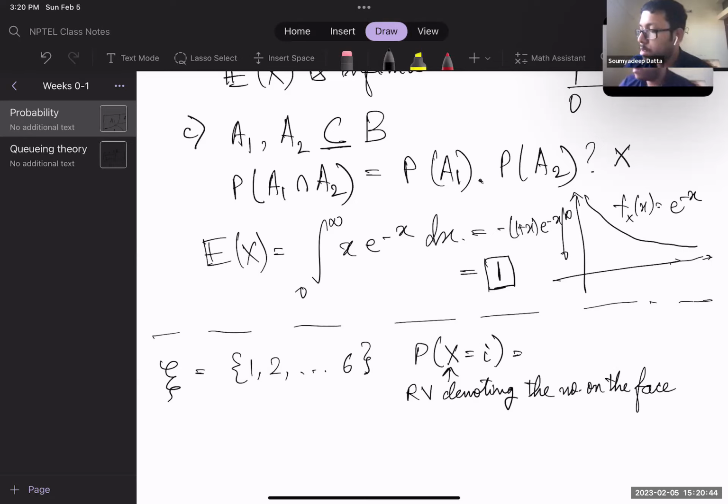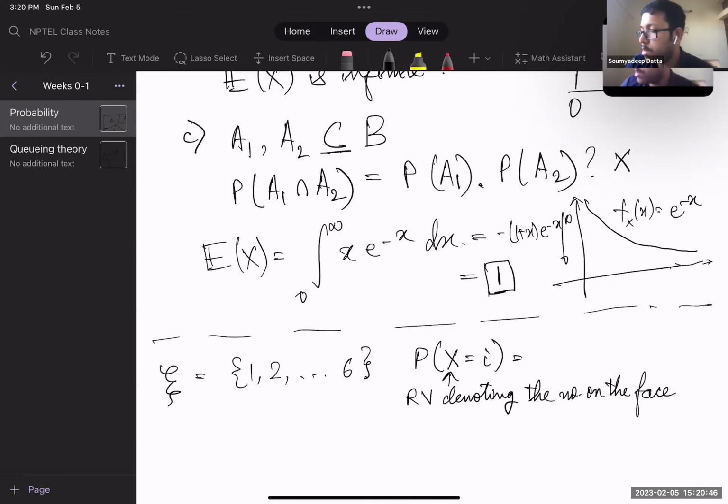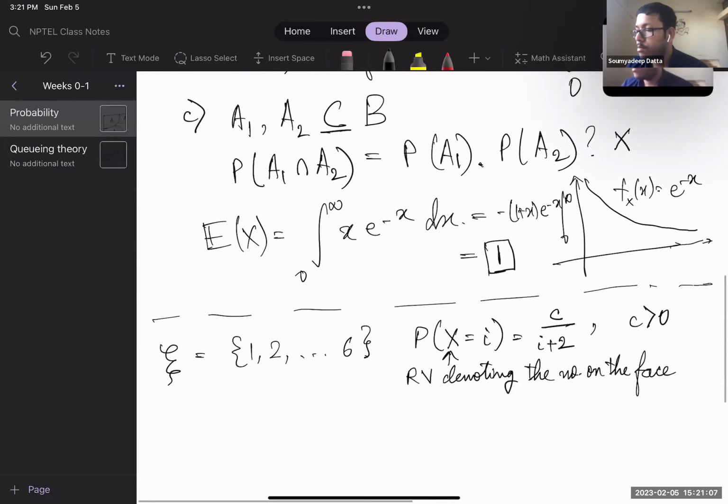So let's say you're given some kind of formula that this probability is some constant c divided by i plus 2. C is some constant, C not equal to 0, of course. Actually, C greater than 0. And i equal to 1 to 6.